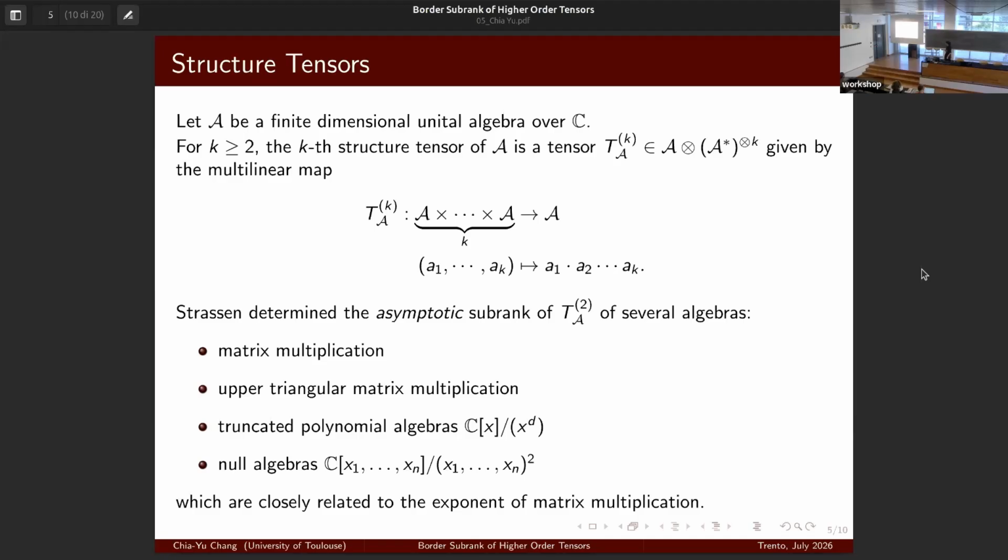Also upper triangular matrix multiplication is used, and the structure tensor of truncated polynomial algebras, and the structure tensor of null algebras. Strassen studied this for order 3, so it's the second structure tensor. But in our paper, we studied the higher order case.